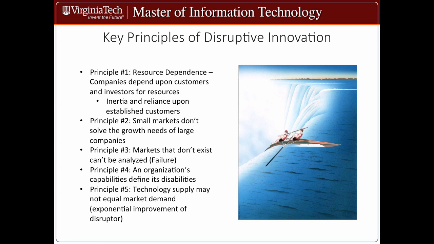And so these factors together, and this trade-off between investing in sustaining and disruptive innovations, is built around a couple of key principles, right? The first principle is resource dependence. Companies depend on their customers and investors for resources. And so the more successful you are at reaching the mainstream, those established customers oftentimes don't want you to change. They don't want you to improve or to try something radically new.